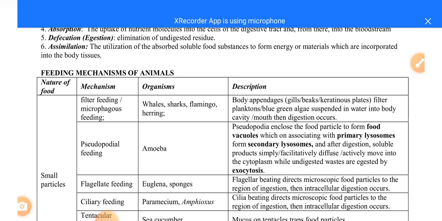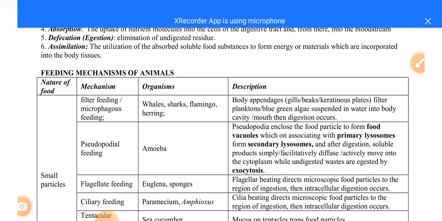Here we have the whales, the sharks, the flamingo, and the humming bird. These are the filter feeders. The description is that these organisms use body appendages, where we have the gills, the beaks, the cutaneous plate, to filter planktons and blue-green algae suspended in water into the body cavity through the mouth, then digestion occurs.